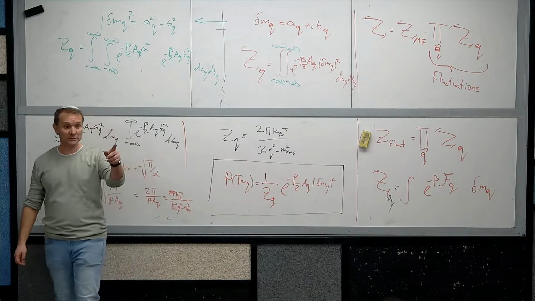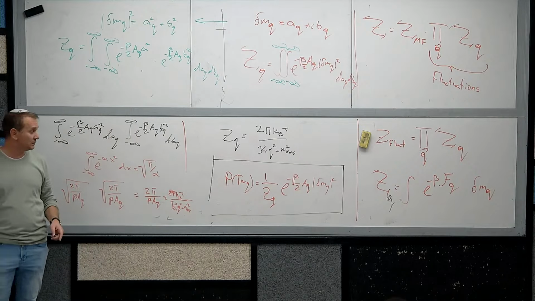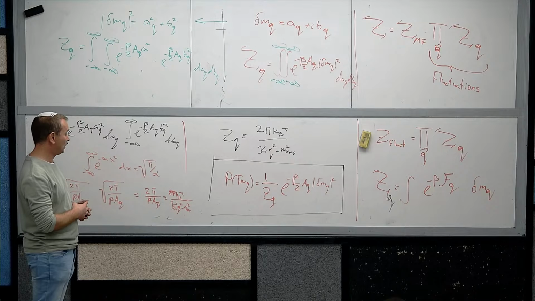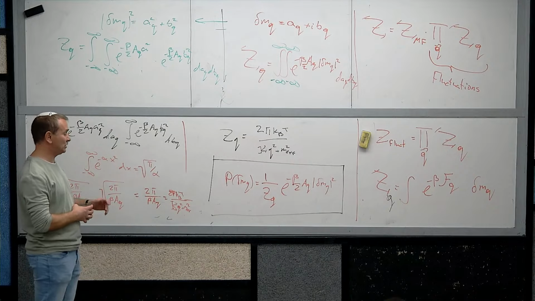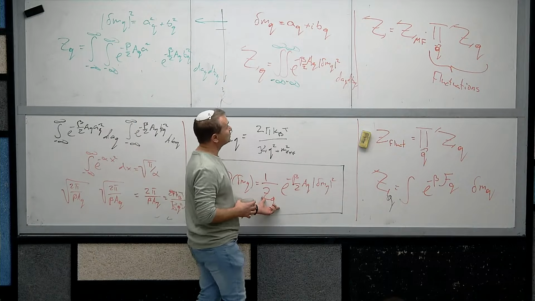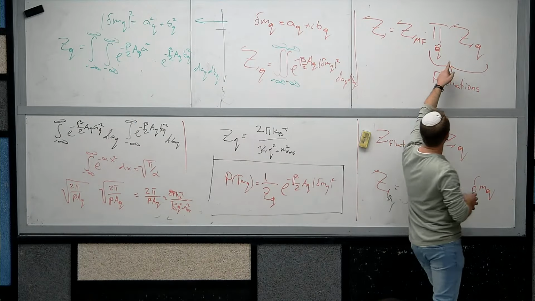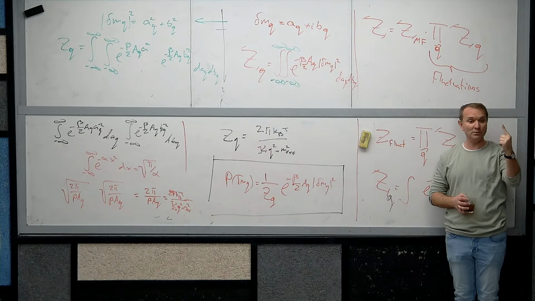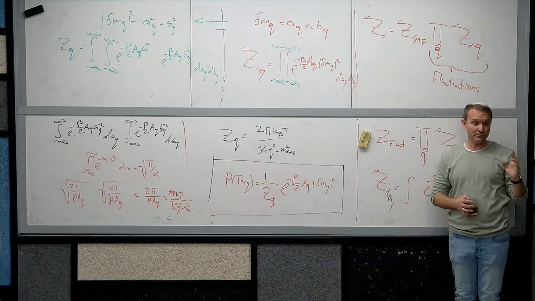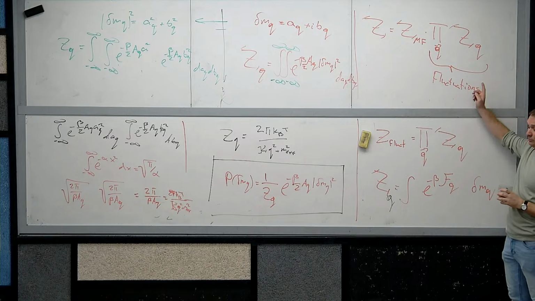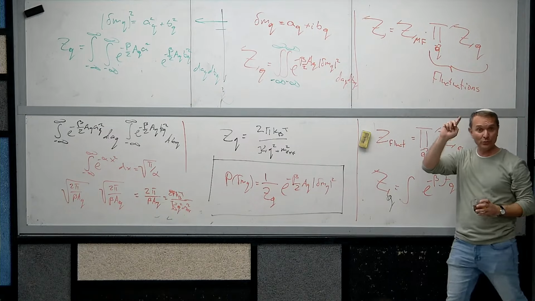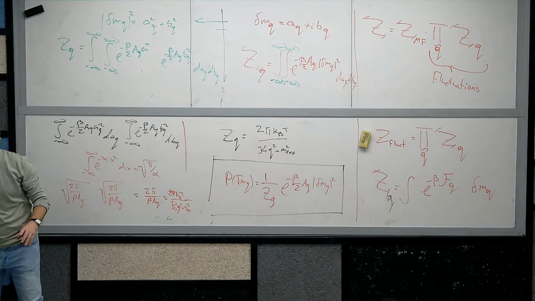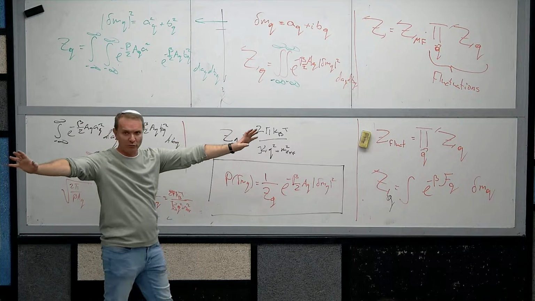Yes? Why at the beginning did you divide by Z_Q and not by Z of the fluctuation? So the question is why it's Z_Q over here. The moment that I factorize everything, I can treat each delta m_Q separately. This is the first part of when I teach factorization. You have a big bunch of the system.